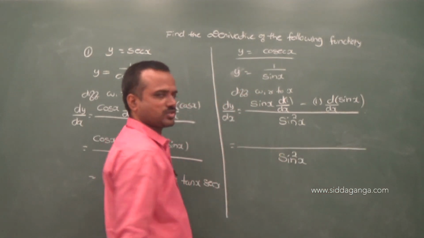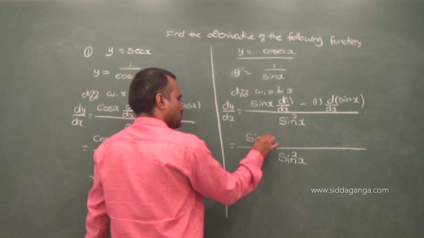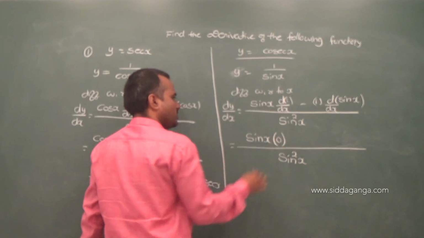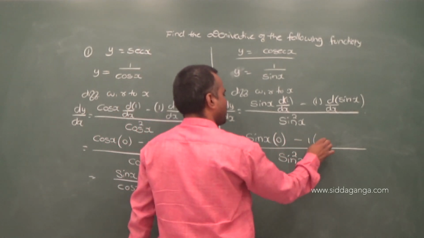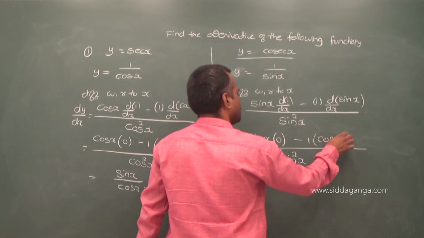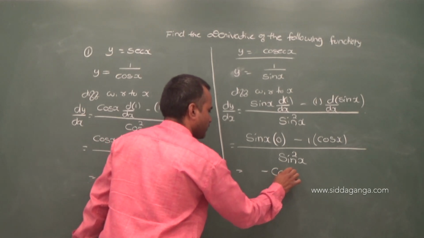Sin x into derivative of 1 is 0, minus 1 into derivative of sin x, which is cos x. 0 and anything is 0, so minus cos x.